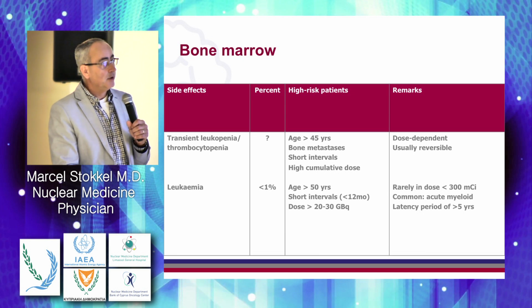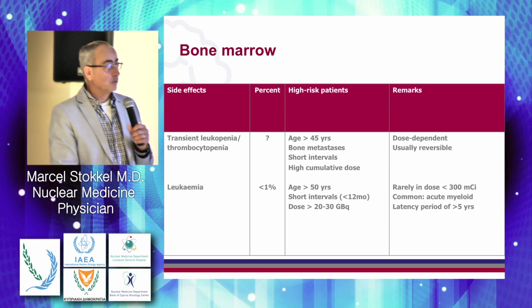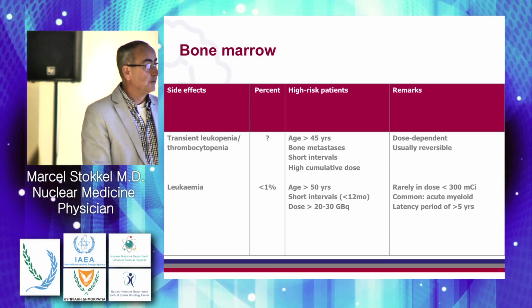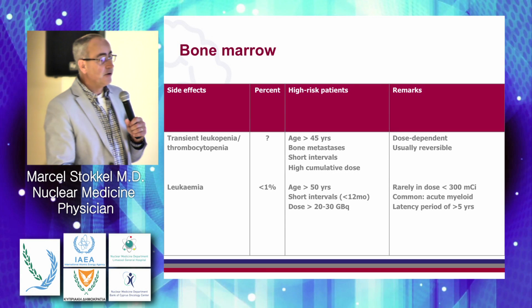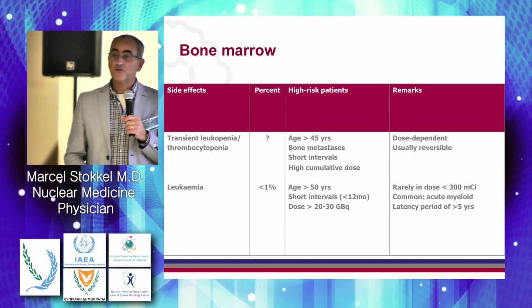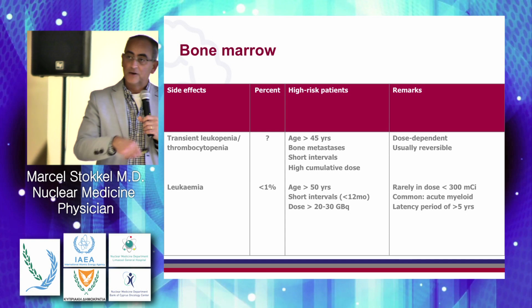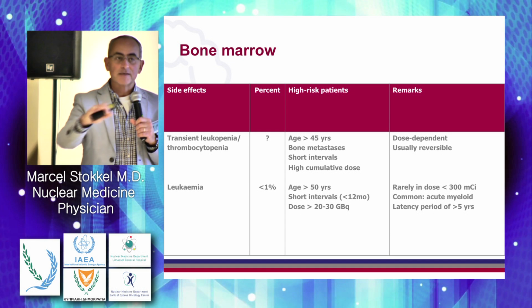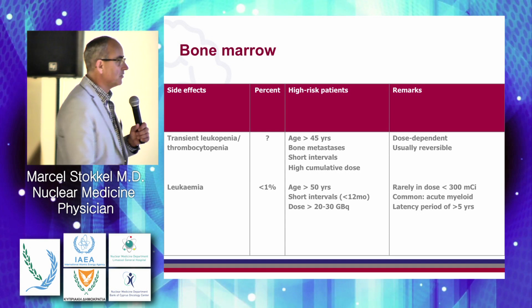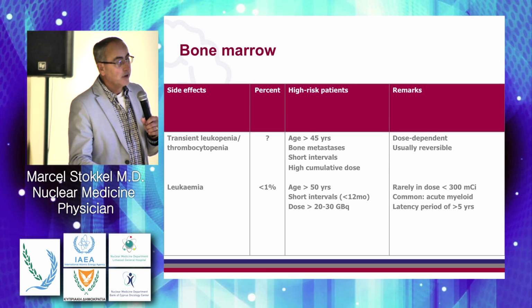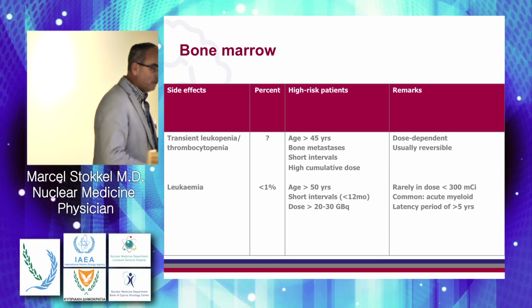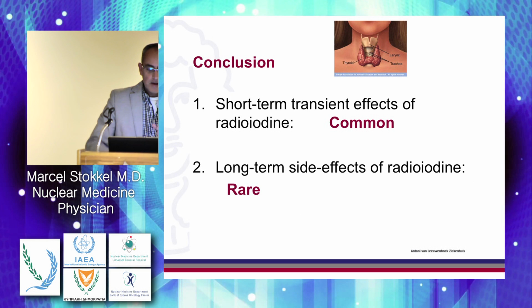It is rare at lower doses, and the most common form observed is acute myeloid leukemia. You have to realize that the latency period can be more than 5 years, as shown in one of the first slides. There is an increased risk up to 10 years, and then that risk of leukemia normalizes again. But you cannot neglect this aspect. You have to take this into account.